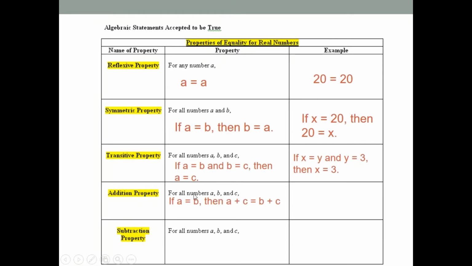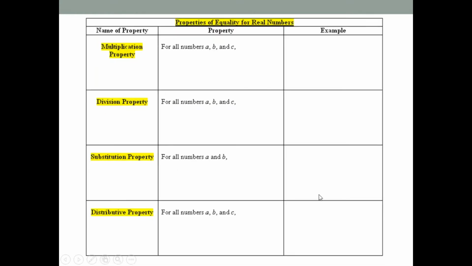The addition property of equality, that's what allows us to add the same thing to both sides and still have the equation be true. The subtraction property of equality allows us, just like the addition property, to subtract the same thing from both sides of an equation and still have it be a true equation.